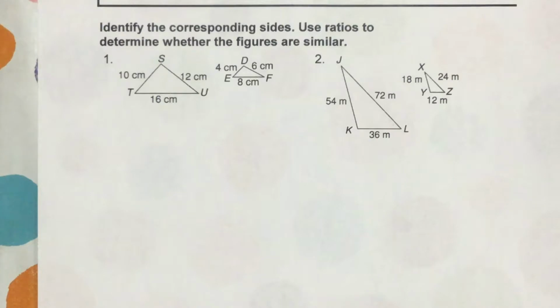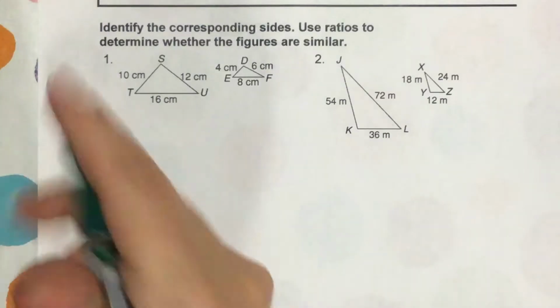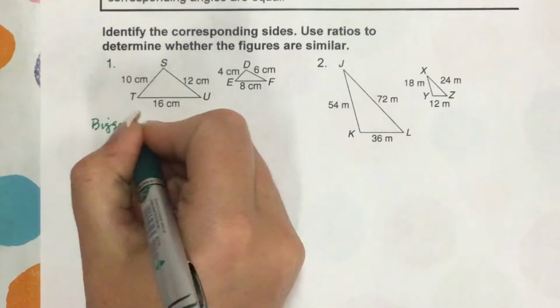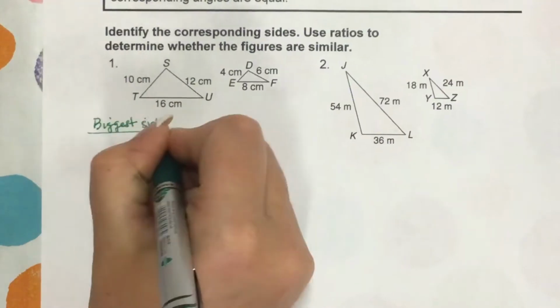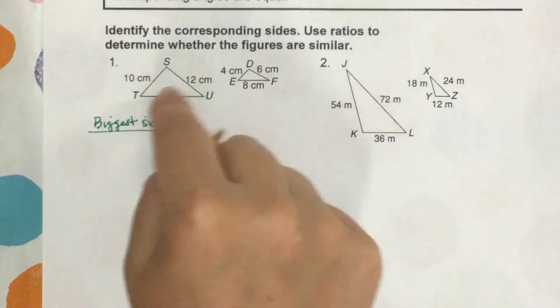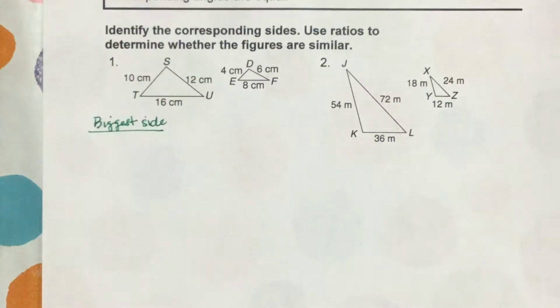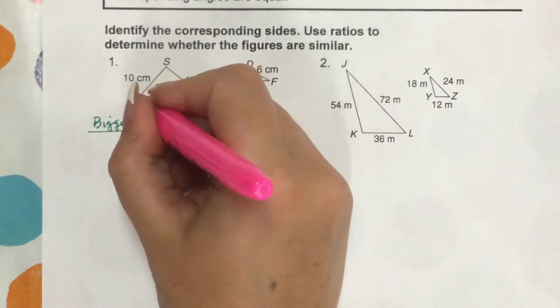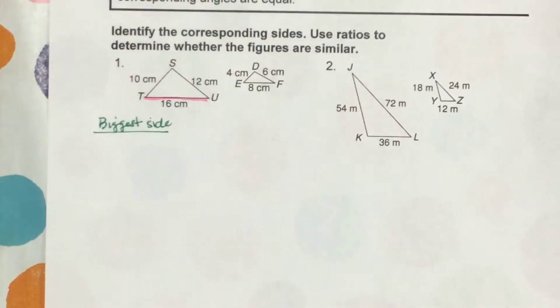Let's start here with the biggest side. The biggest side for this big triangle, we've got 10, 12, 16, is UT.